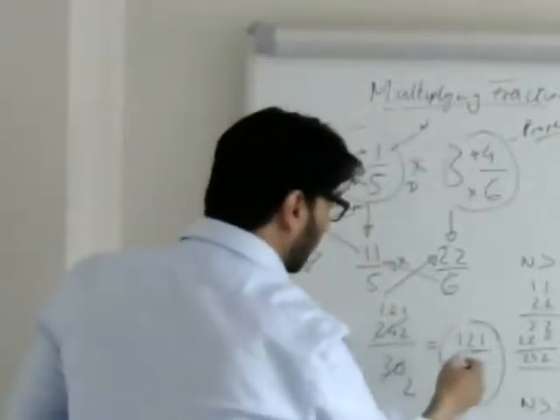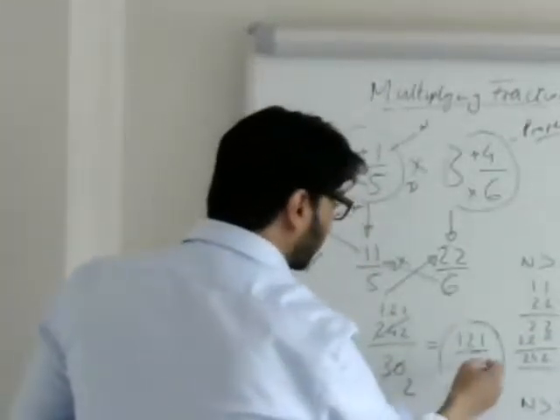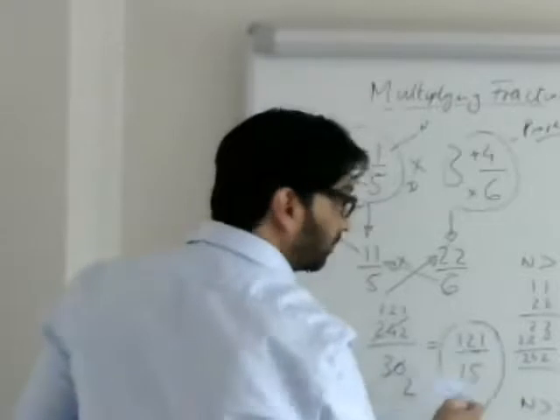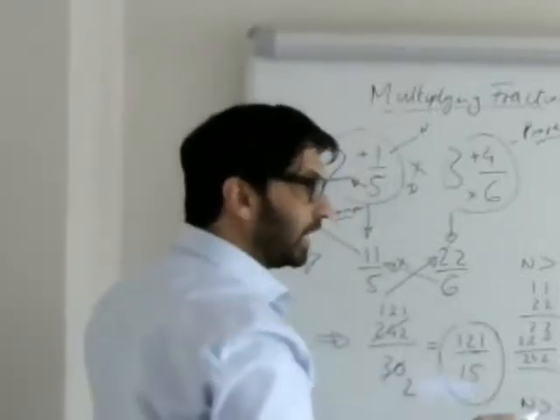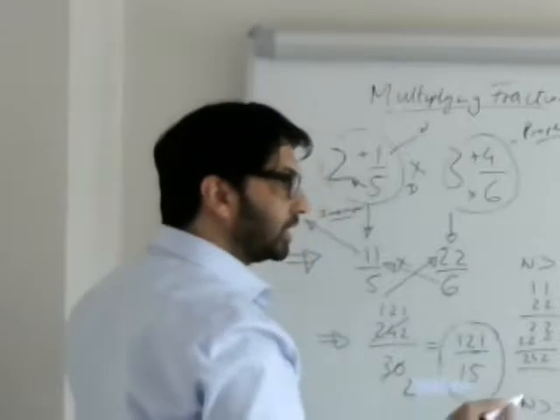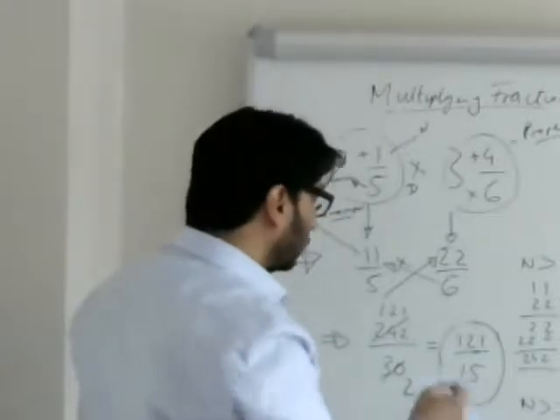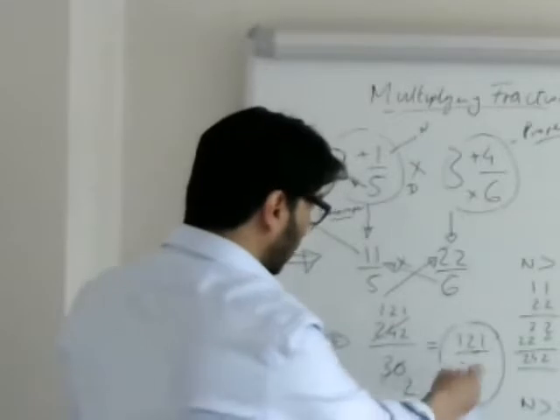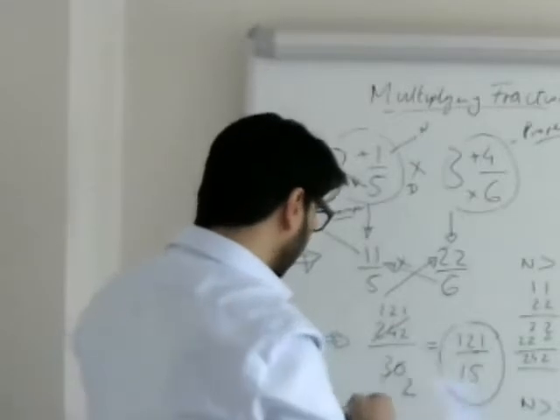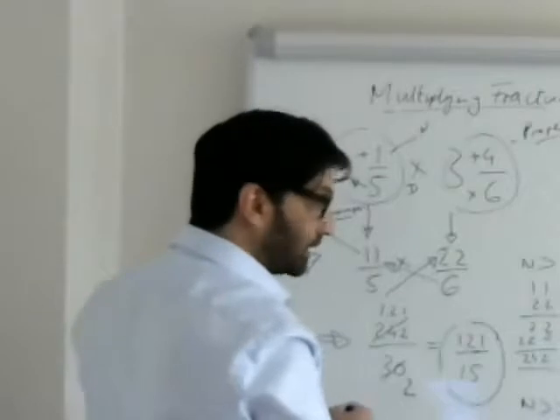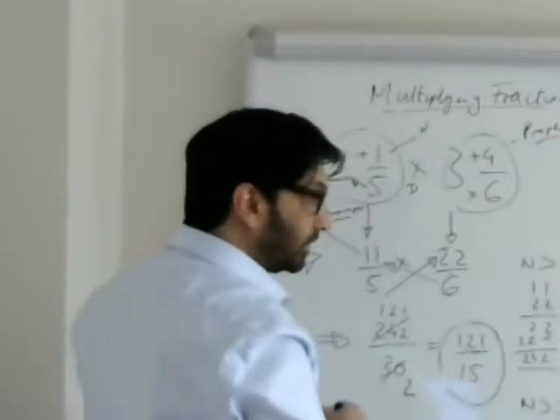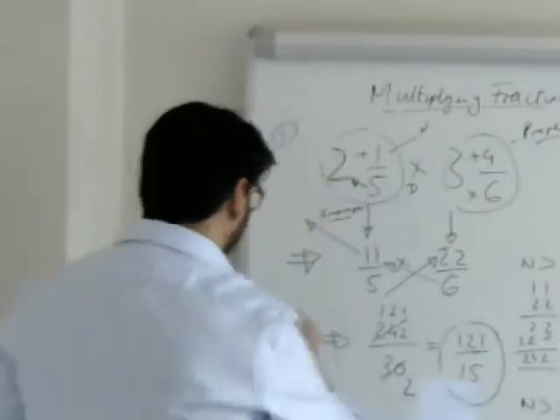121 over 15. Now 15 times 2 is 30, 15 times 3 is 45, 15 fours are 60, and 15 fives are 75. Now what goes into 121? How many times do we need to multiply 15 by? So 15 times 10, that's 150. 15 times 9, let's have a look at this one.